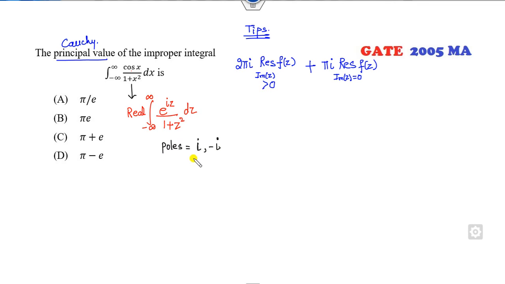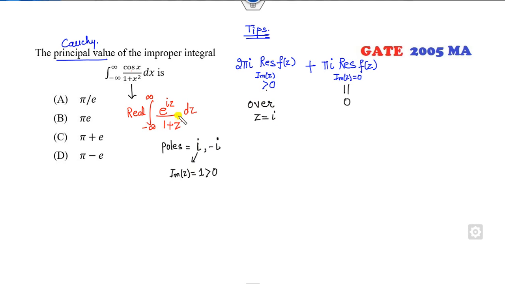So what is the imaginary part of this? The imaginary part is plus 1, which is greater than 0. Is there any pole whose imaginary part is 0? No. So that part will be 0. So I have to find the residue of f of z at z equal to iota.